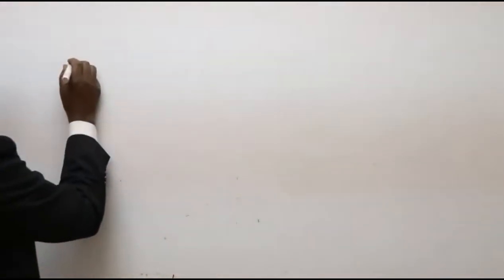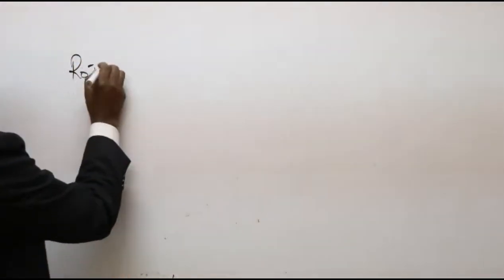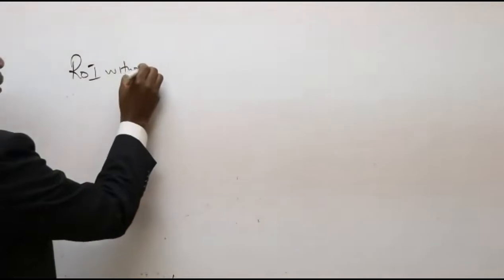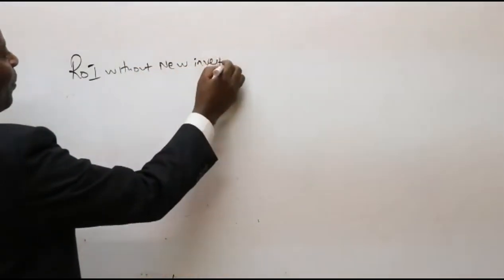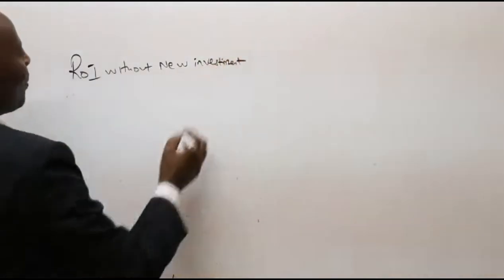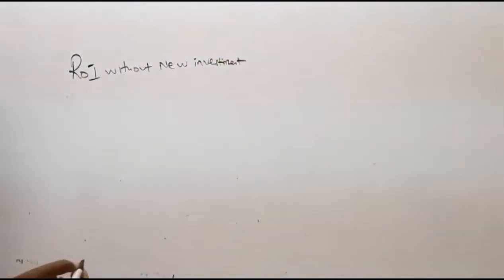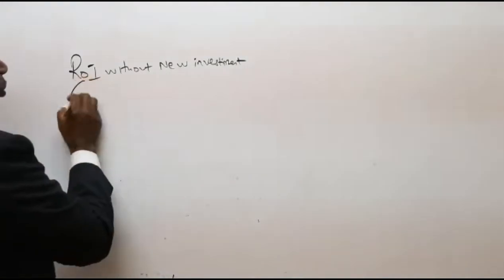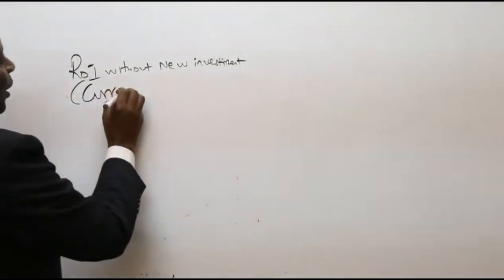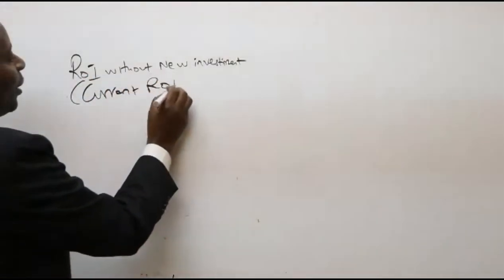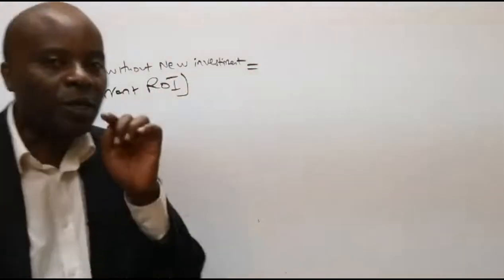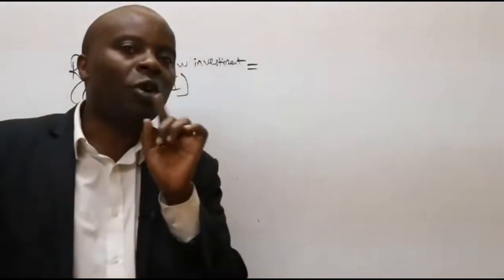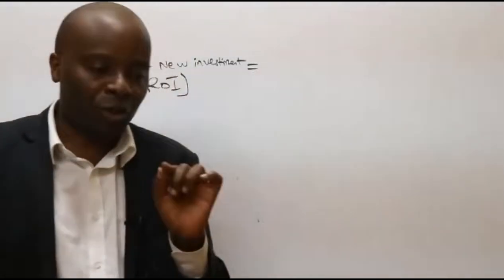So we have here ROI without the new investment. That is what we call the current ROI, the current return on investment for the entire division. So it's very easy. You take the profit over the investment in the division.